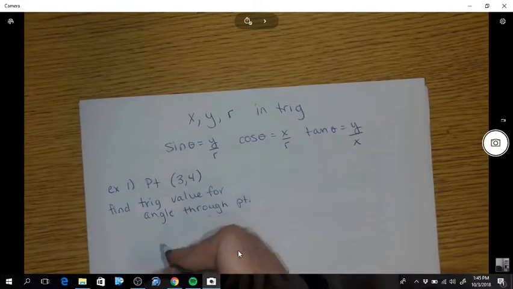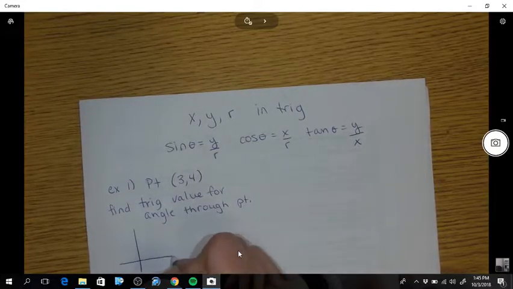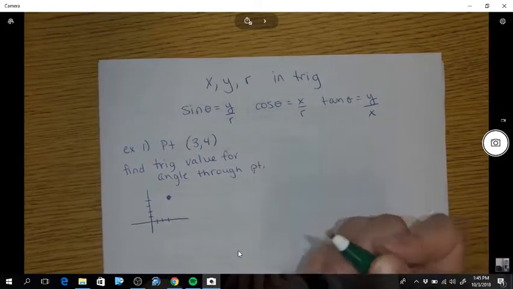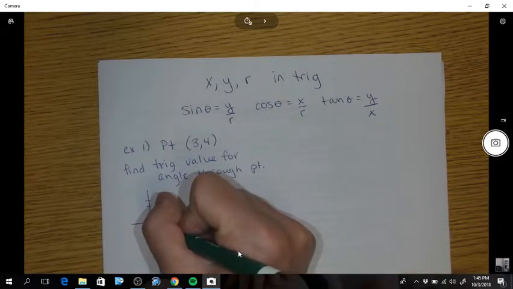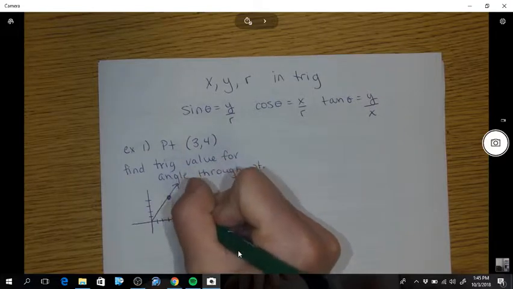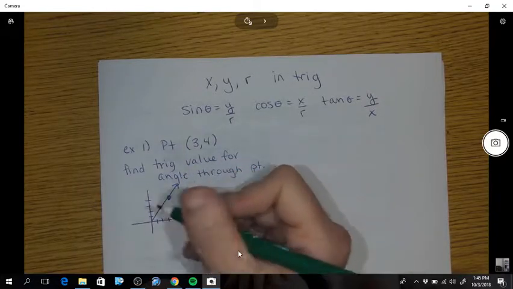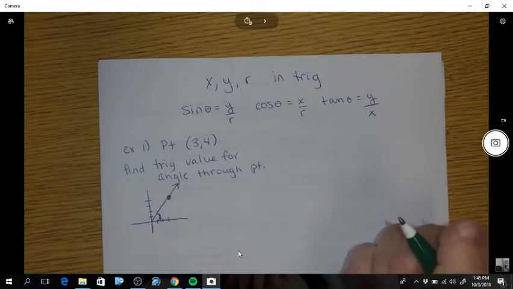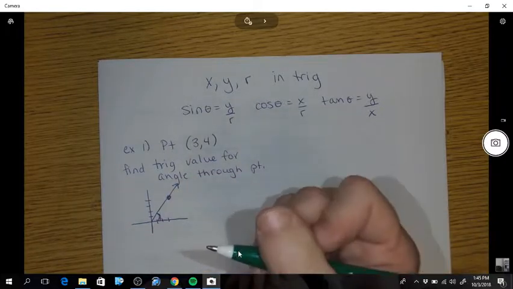So I'm going to draw a visual of this. Here's what's happening. Your x value is 3, your y value is 4, so this is your point. And our angle goes through that point. When we talk about angles, we're connecting it to the closest x-axis. So that's the situation.